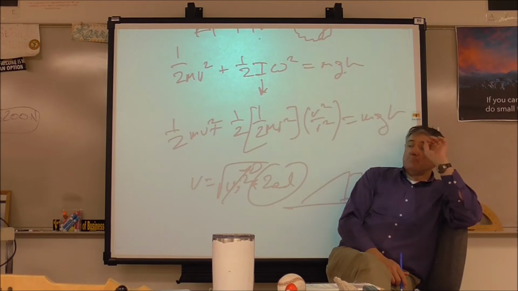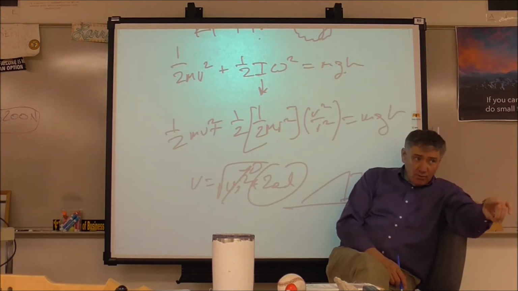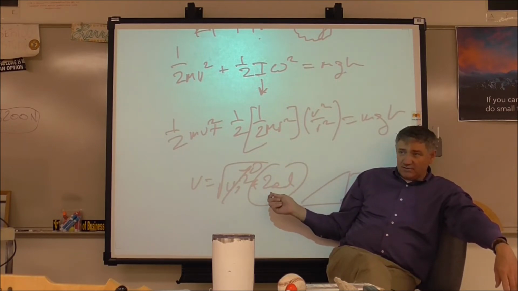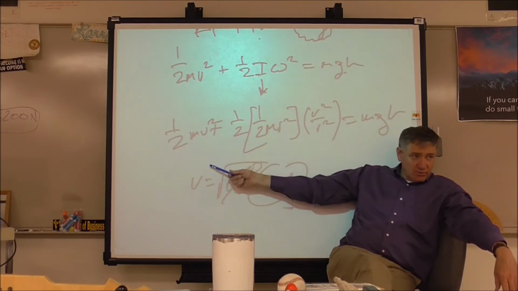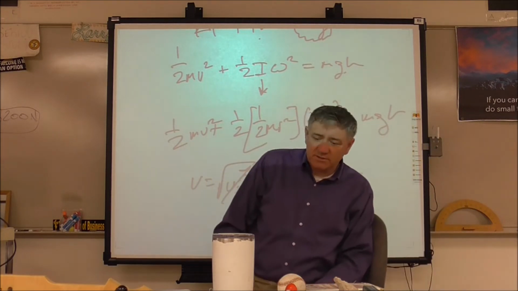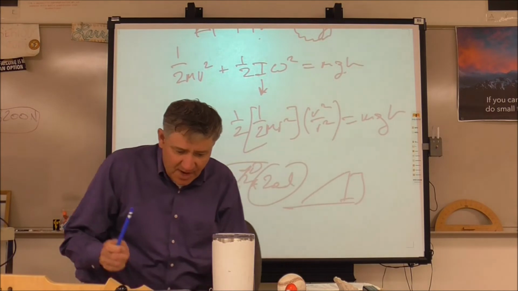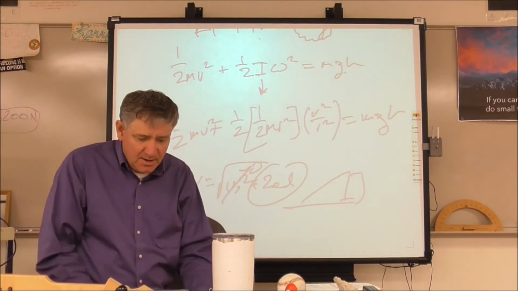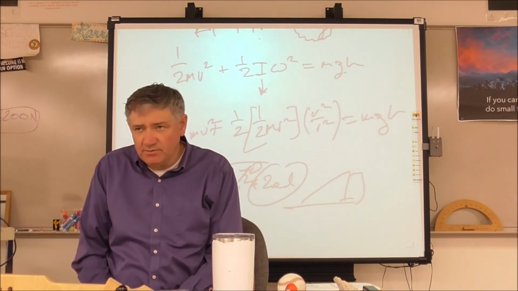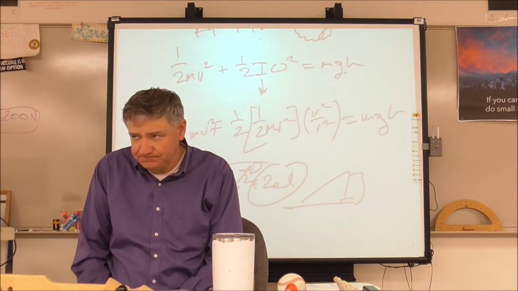But if it's rolling and moving down the hill, you cannot use this to find the velocity. You have to go through this process. So, what you should see on 5B, that linear velocity should be around 2.5 meters per second.